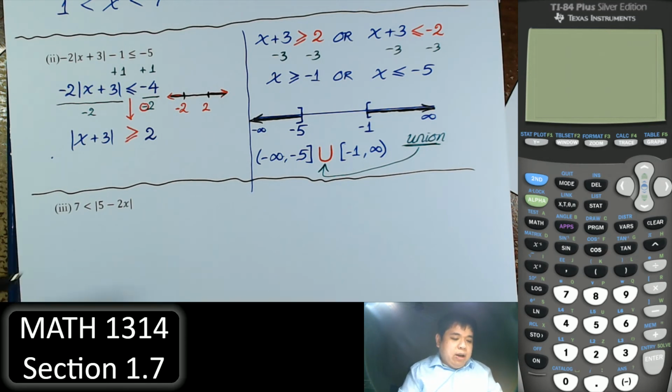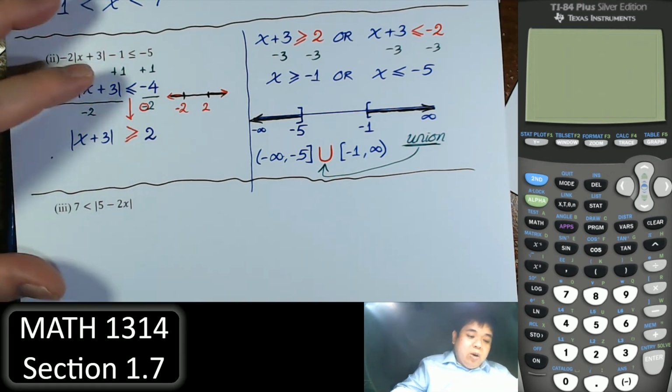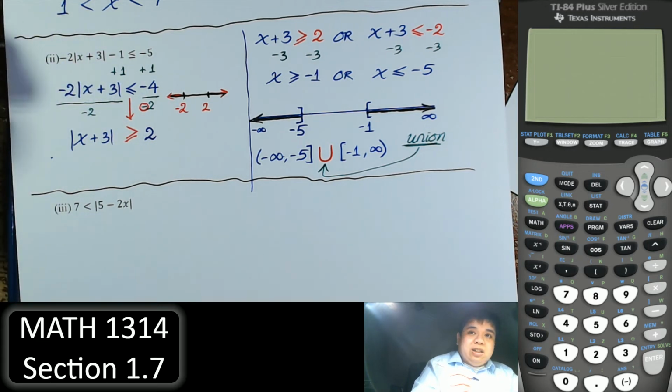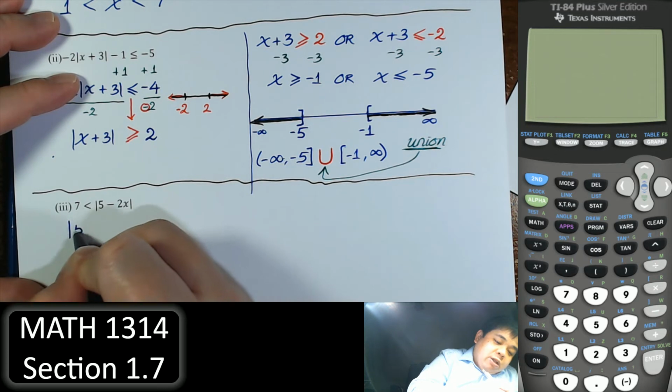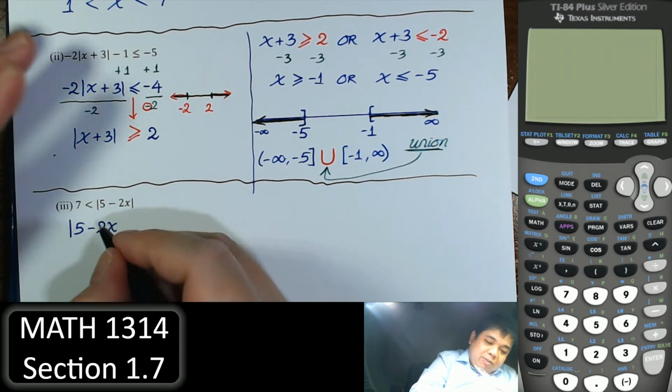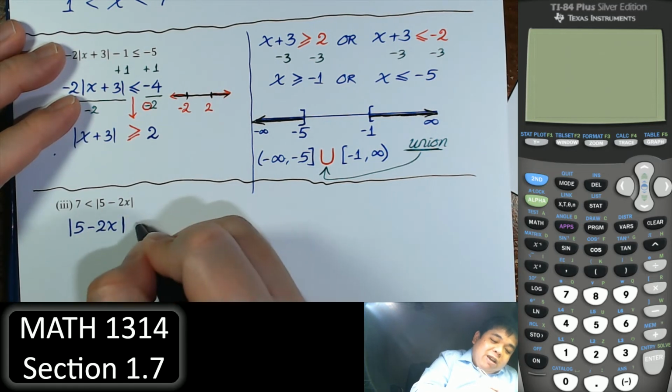Right, now we have 7 less than absolute value of 5 minus 2x. Of course, we can always rewrite the inequality. I prefer to have the absolute value on the left hand side.